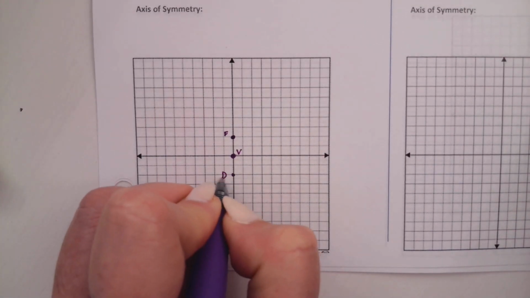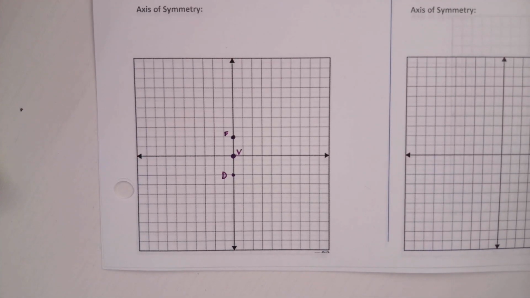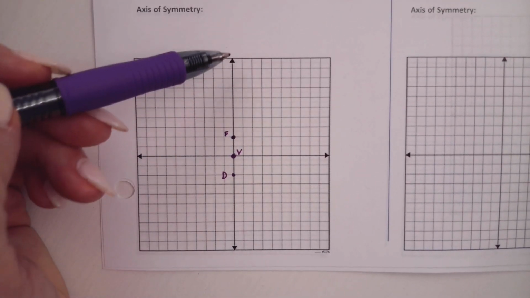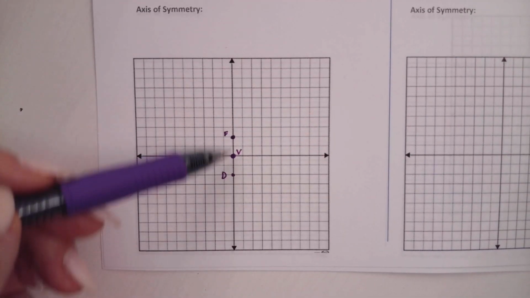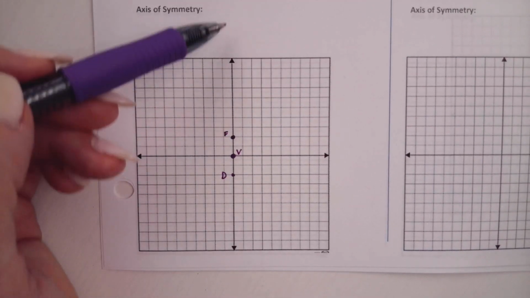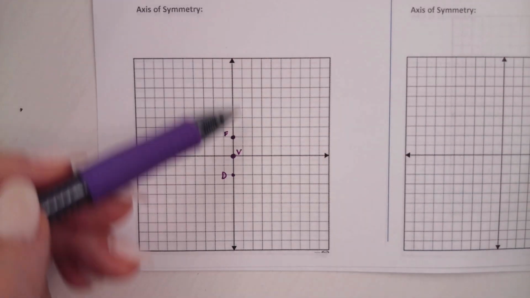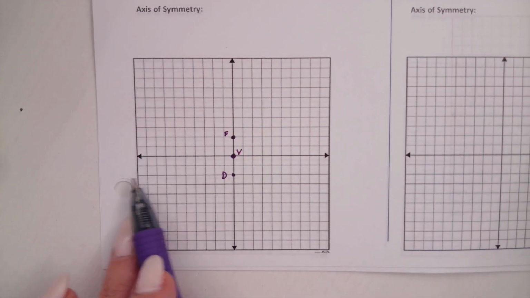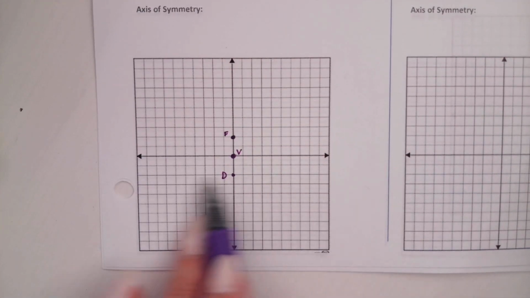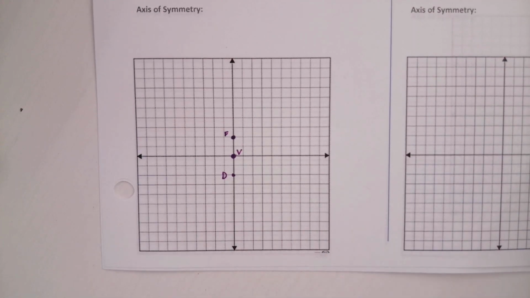Now, the directrix is not a point, but I'm going to put a point there temporarily just so we can think about it. So the axis of symmetry is going to cut down through the focus and the vertex, which means the directrix should be perpendicular to that, which means my directrix is actually going to be a horizontal line going right here.